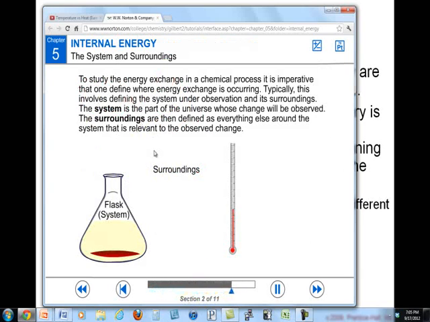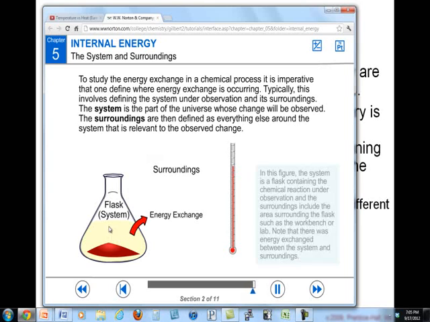Typically this involves defining the system and the surroundings. So in this case, my system is what's happening inside the flask. I've added some chemical to something else. It looks like it's generating heat, causing a rise in temperature in my surroundings. Okay, so my system is what's going on inside the flask. Surroundings is everything outside of that. And energy is being transferred.